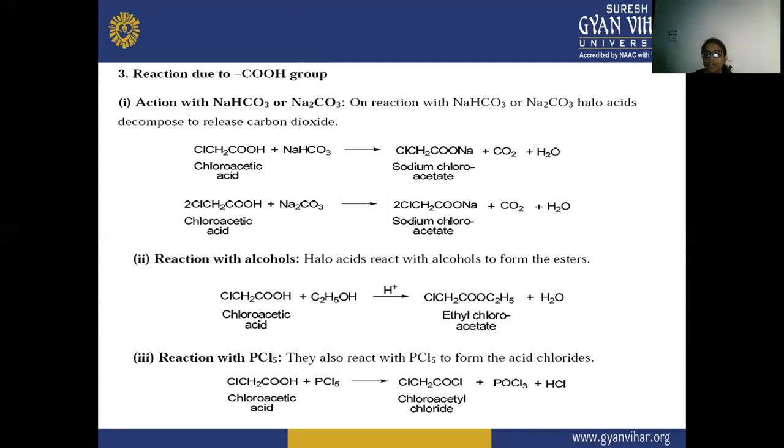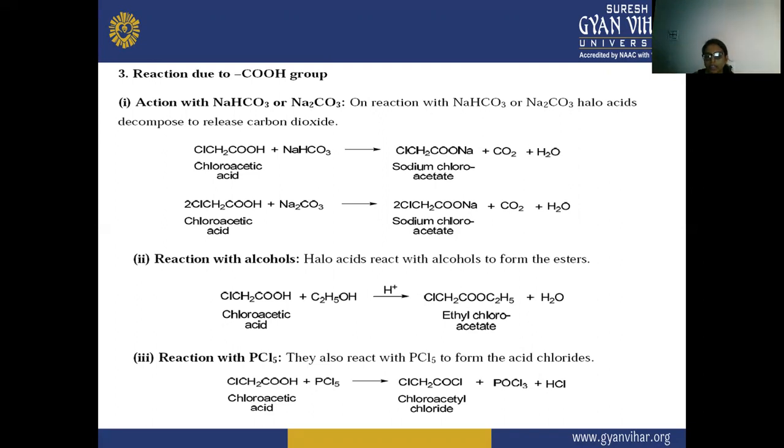The next is the reaction with PCl5, that is phosphorus pentachloride. In the reaction with phosphorus pentachloride, they also react with PCl5 to form the acid chloride. So chloroacetic acid reacts with PCl5, and there is the formation of chloroacetyl chloride plus POCl3 plus HCl.